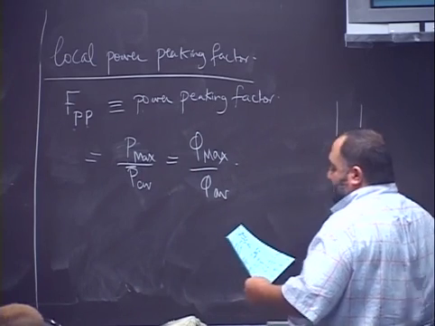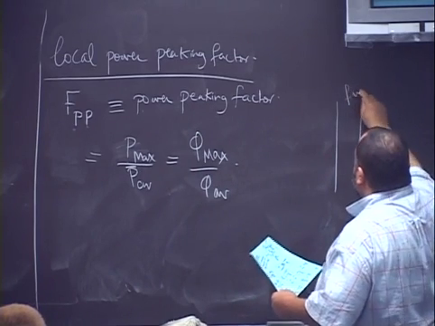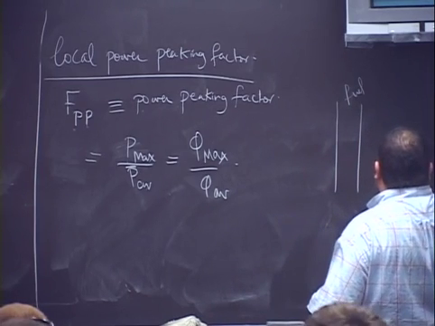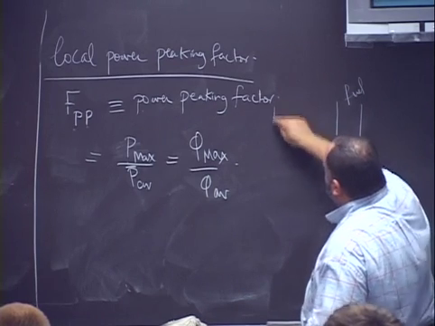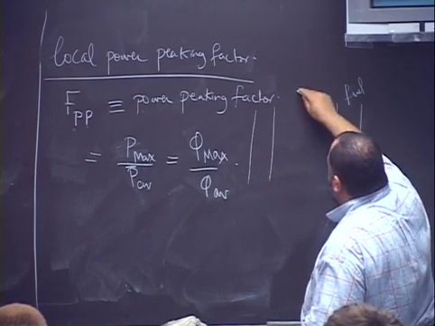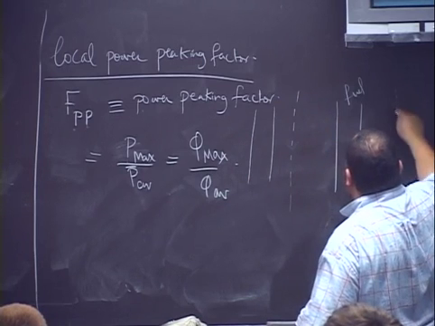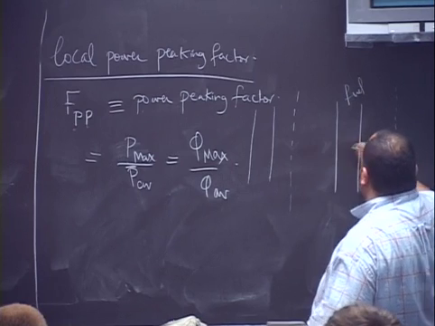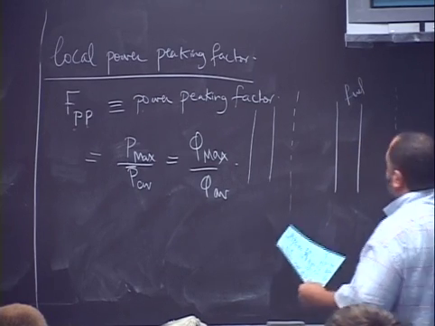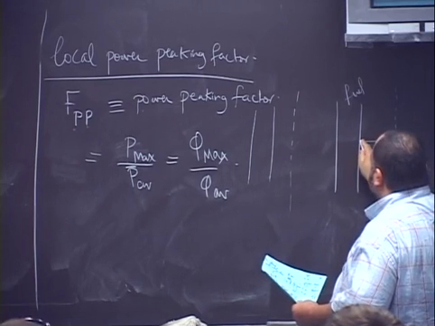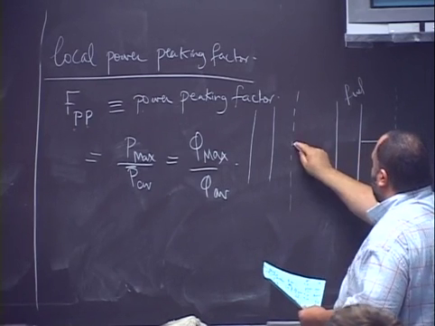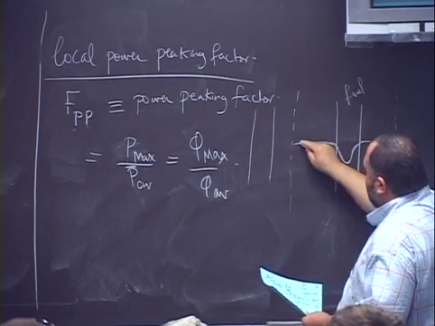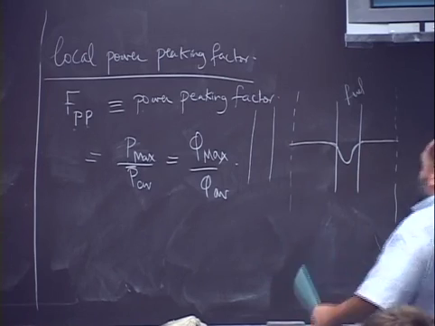So if we look at a cell like last time, this is just the fuel, and this is the moderator here, and this is another fuel here, and another fuel here. Let's assume that I take the cell to be here: fuel, half of the moderator, and half of the moderator. The thermal flux will be something like constant inside the moderator, then it will drop inside the fuel, with a symmetrical shape inside the fuel like this.